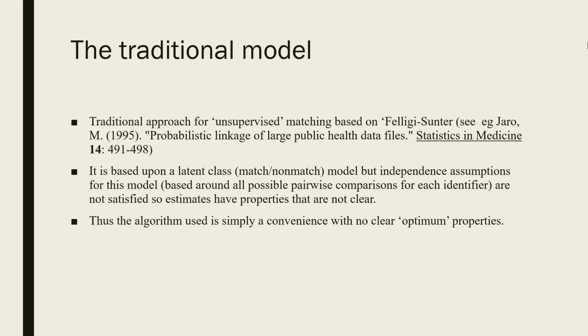This has been pointed out by a few authors over the last 10 or 15 years: it's actually a misspecified statistical model. So the properties of the estimates that you get out are not what you think they are. They're not what the software tells you they are.